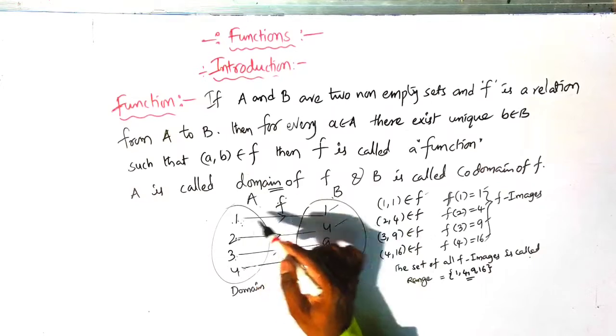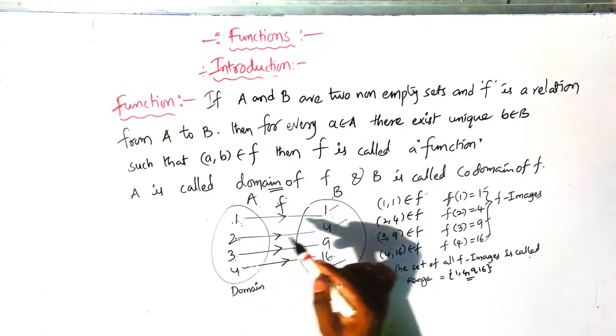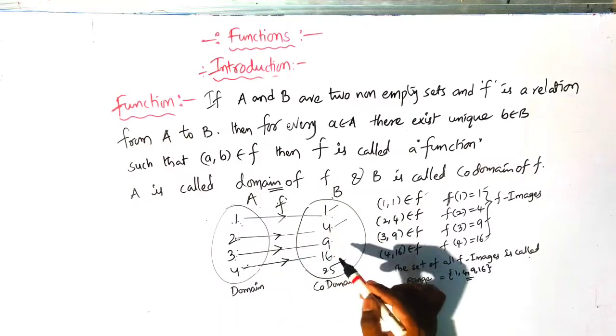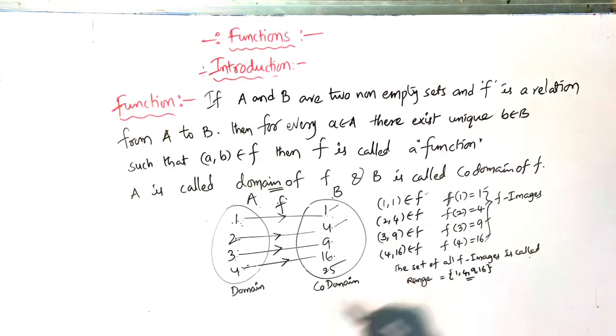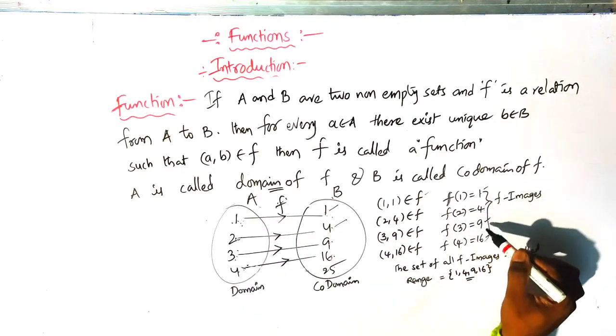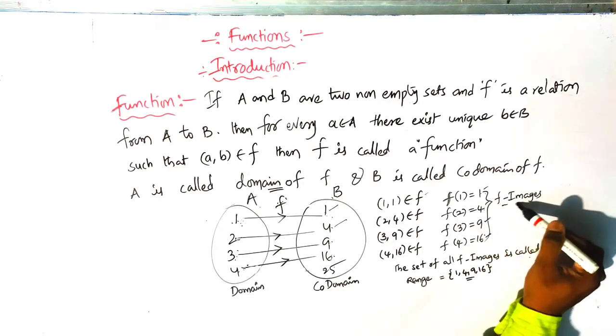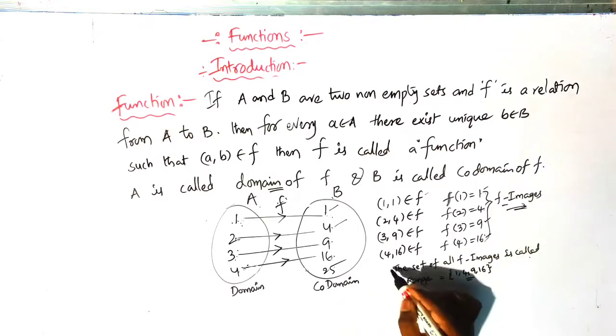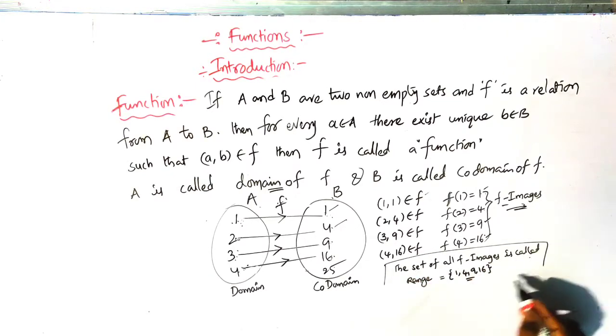So f of 1 is equal to 1, f of 2 is equal to 4, f of 3 is 9, f of 4 is 16. Okay, so 1, 4, 9, 16. These are called f images. So the set of all f images is called range.